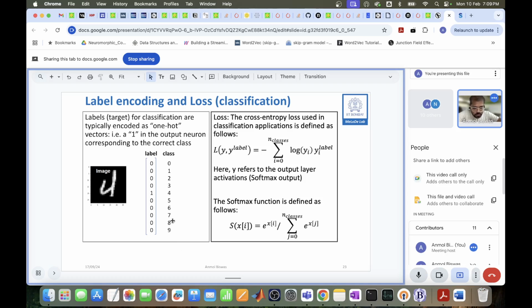So you can imagine that the output has a 1 at this 9 position and zeros everywhere else. And you can try to figure out what the loss will be in that condition, right?